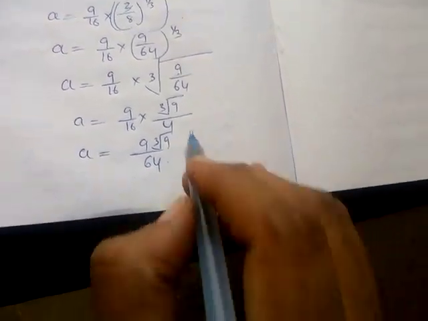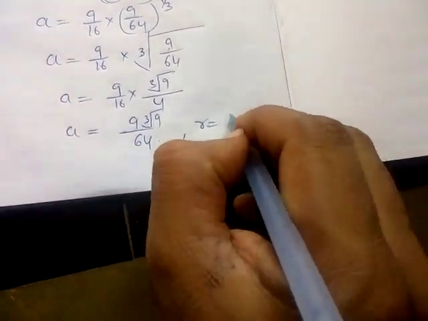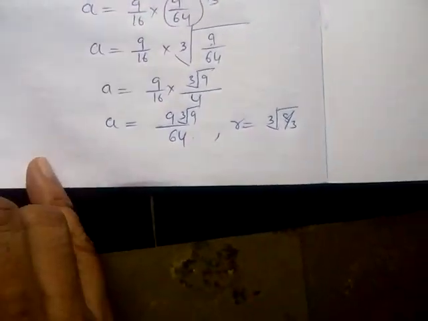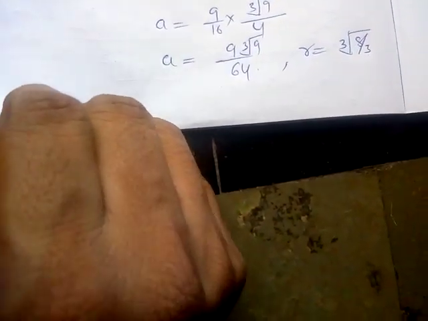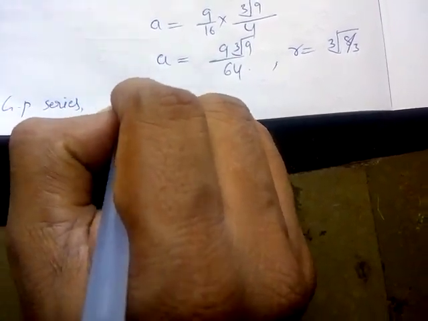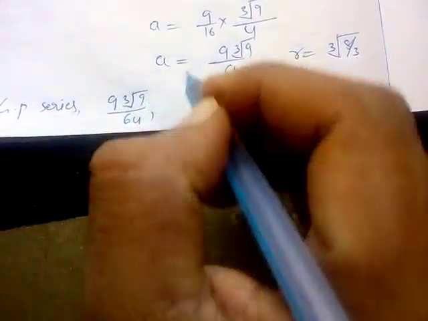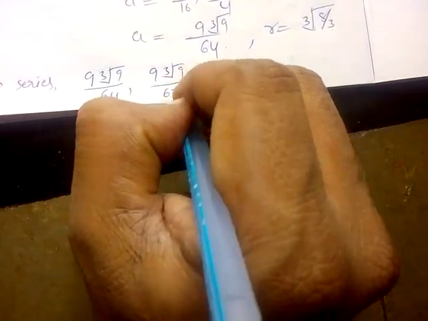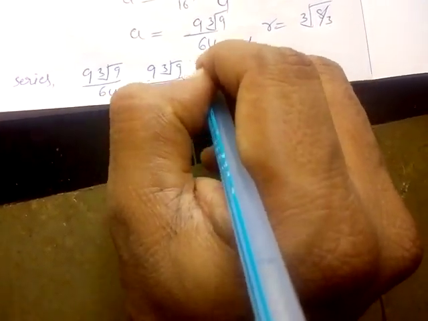This is the a value. So r value, how much? Cube root of 8 by 3. Okay, so therefore the GP series: a value is 9 cube root of 9 by 64. Next one, a r, a into r. So 9 cube root of 9 by 64 into cube root of 8 by 3.